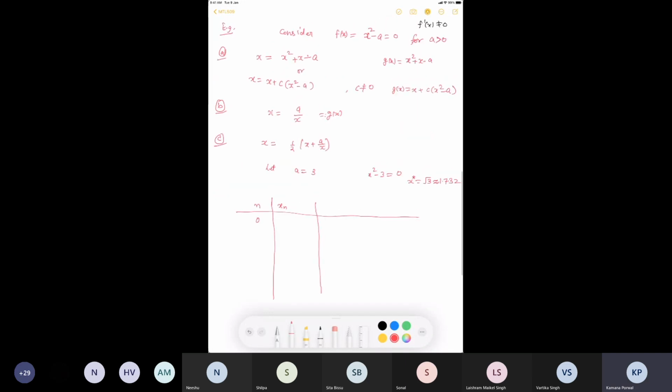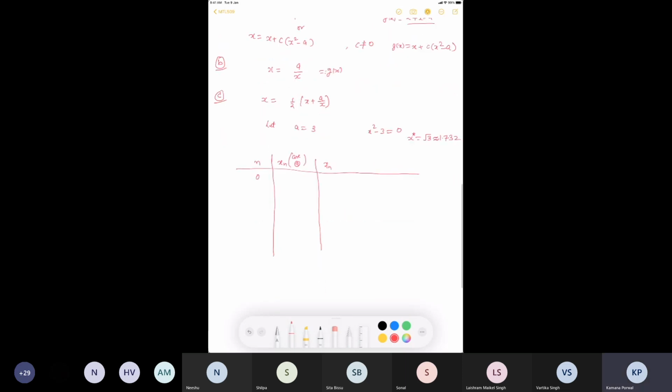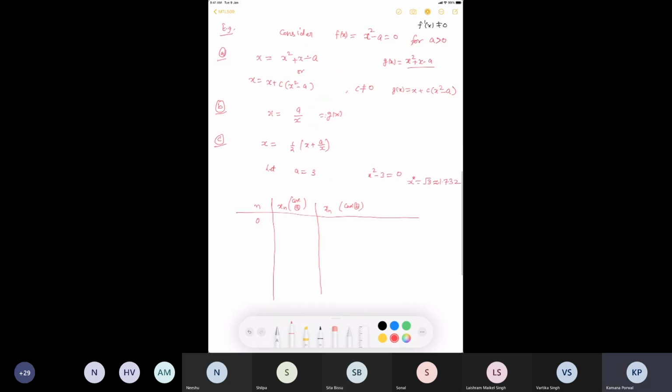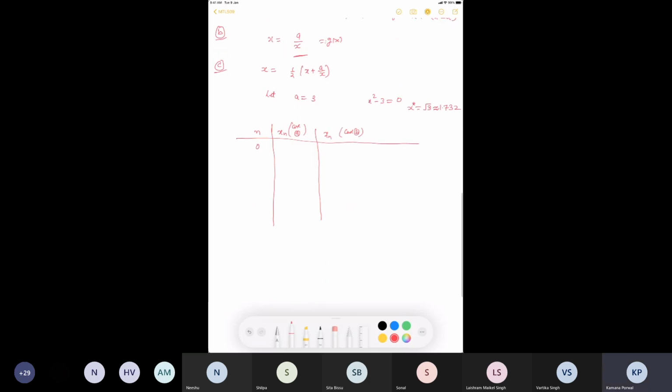So I will take g(x) as this, that is, I will take the case A here. And then I will also generate the sequence xn using the second choice of g(x), which is this. And then I will also generate the sequence xn using this choice of g(x), and see what happens to those sequences.